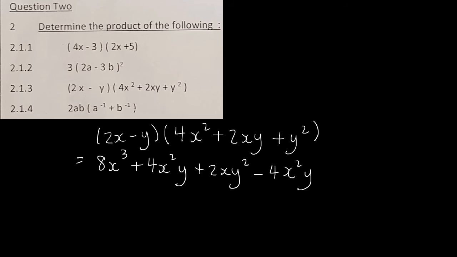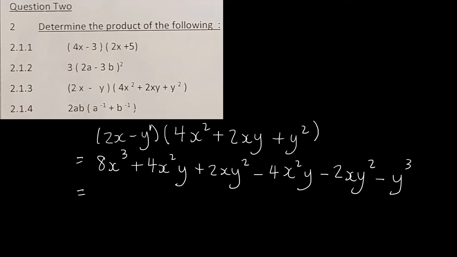Then we have minus y times 2xy. So it should be minus 2xy squared. Then we get minus y times the plus y squared. That should give me minus y cubed. Remember, the y is an imaginary 1. So that's how we get the cubed. So now we need to take all the like terms and put them together.